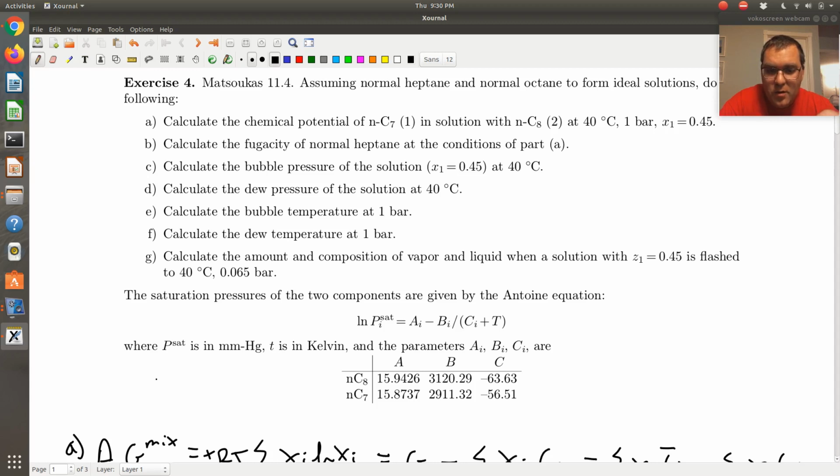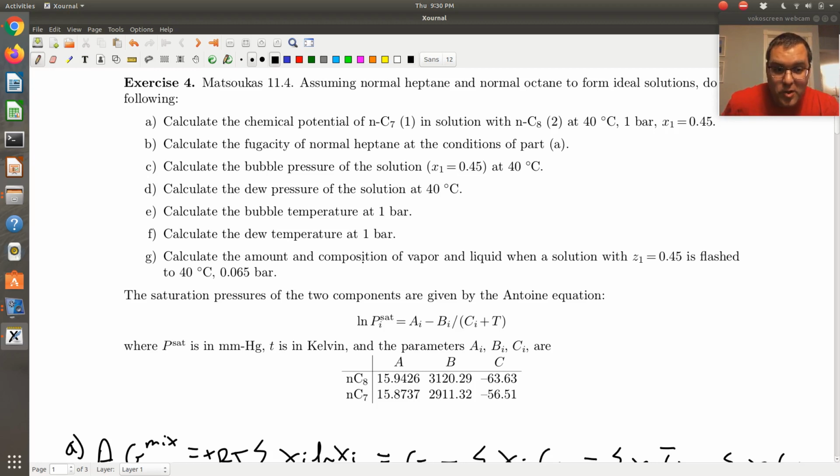Now in theory, you could look at this in a couple of different ways. From C and D, at 40 degrees C, you would have calculated your bubble P and dew P. So the first check is: is this pressure in between my bubble P and dew P? Hopefully it is. I haven't done any calculations, so I can't check this.